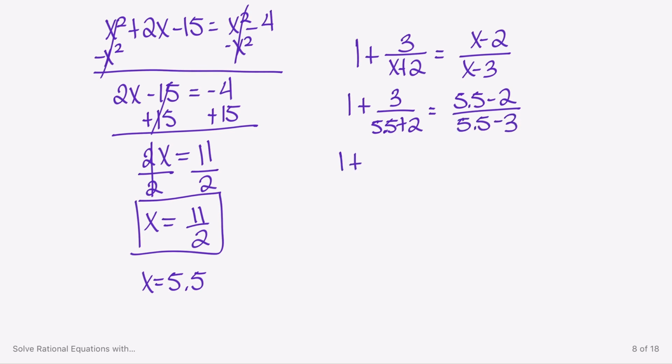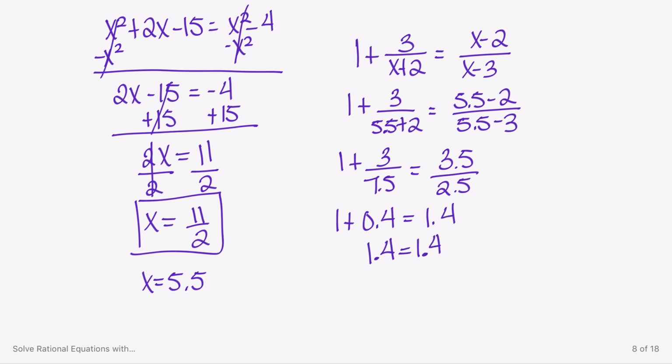So we have 1 plus 3 over 7.5 equals 5.5 minus 2 is 3.5. And then 5.5 minus 3 is 2.5. So we have 1 plus 3 divided by 7.5. So 3 divided by 7.5 is going to be 0.4. So 1 plus 0.4. And then on the right side, we have 3.5 divided by 2.5, which is 1.4. And it does work out, right? 1.4 equals 1.4. So we are good, and our solution is valid.